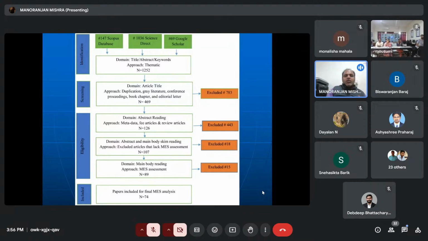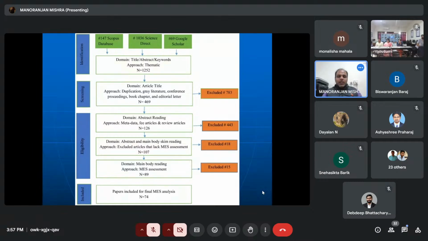The third step is called eligibility, which is abstract reading. The approach: metadata, pre-articles and review articles. I am reading the abstract and making a decision on which to include and which to exclude. Excluded is 443, and I am getting 126.